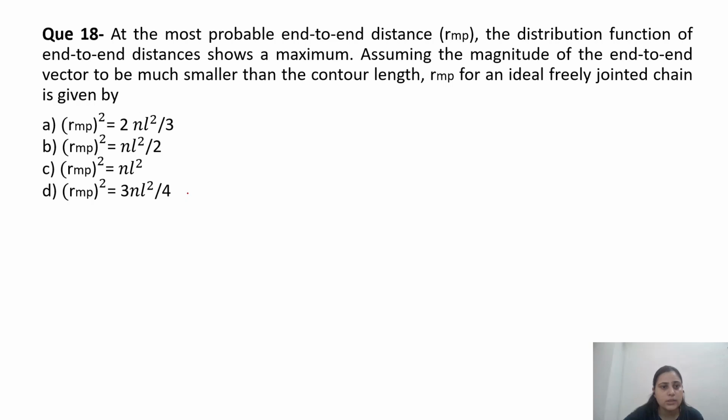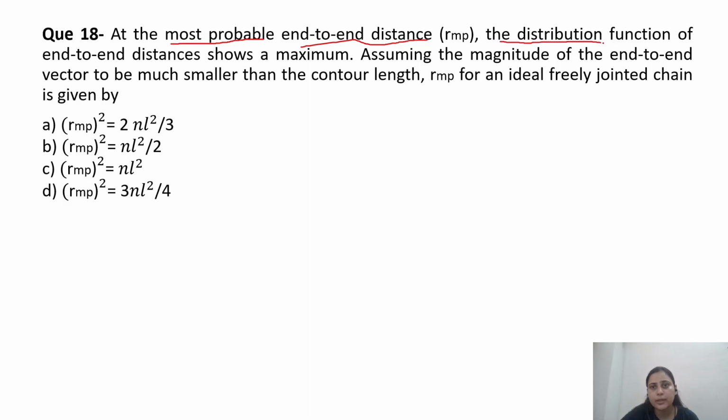So let's understand the question. It is saying that at the most probable end-to-end distance, the distribution function of end-to-end distances shows a maximum.